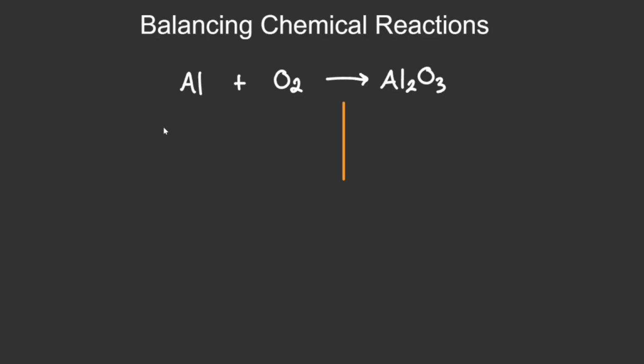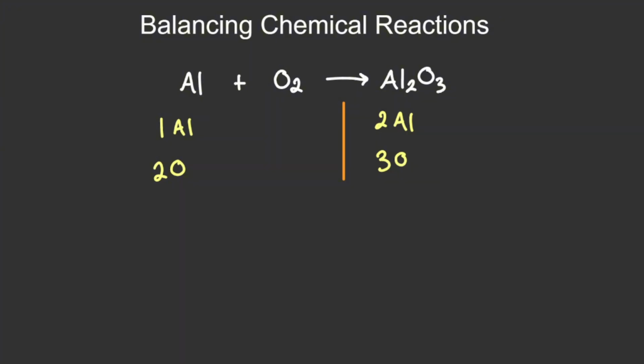So we have 1 Al, we have 2 O's, and on this side we have 2 Al's and 3 O's. Not O's, my bad. Mistake right there. Okay. Oxygen is very tricky here because we have O2 on the left and O3 inside Al₂O₃ on the right.